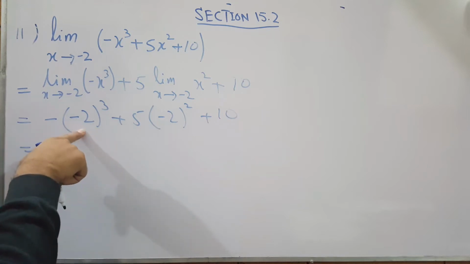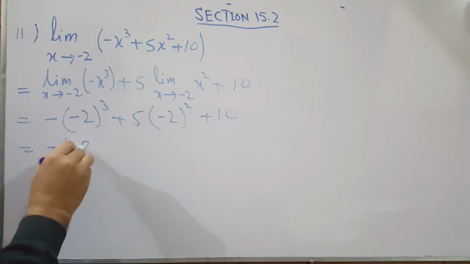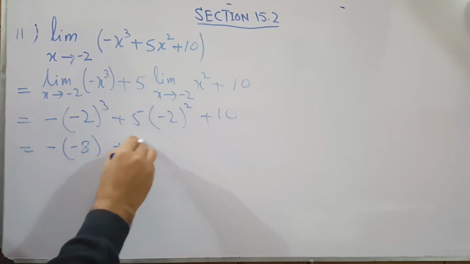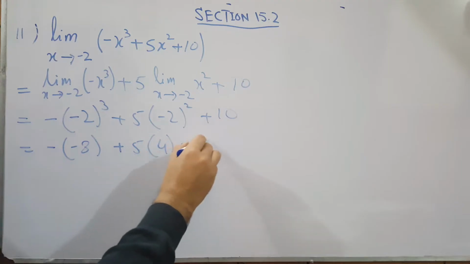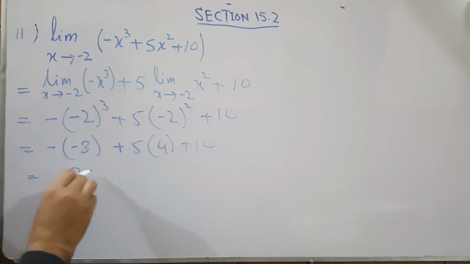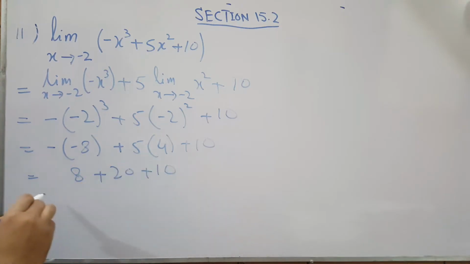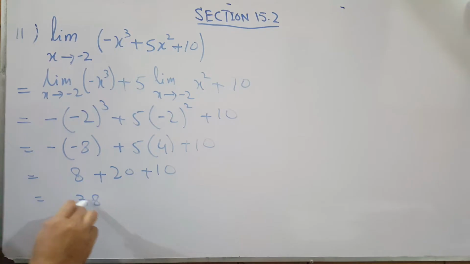So 2 times 2 is giving you plus 4, and then into minus 2 gives us minus 8. So minus, this gives us minus 8, 5, this gives us 4, and plus 10. So minus into minus becomes plus 8, and that gives us 20 plus 10. So that gives us 38.